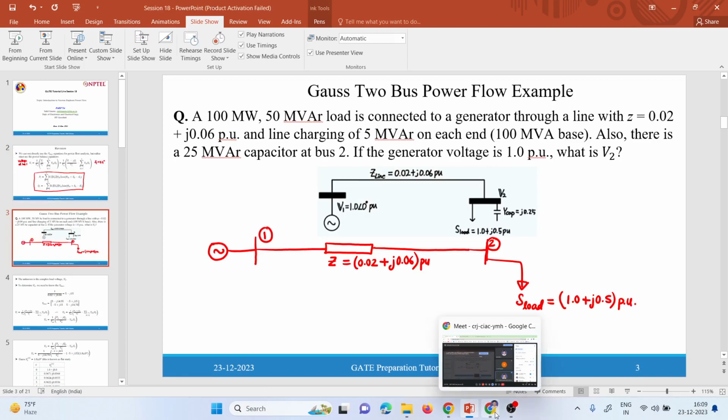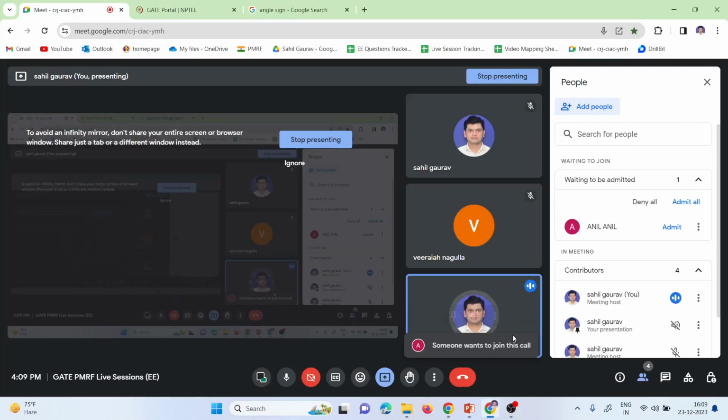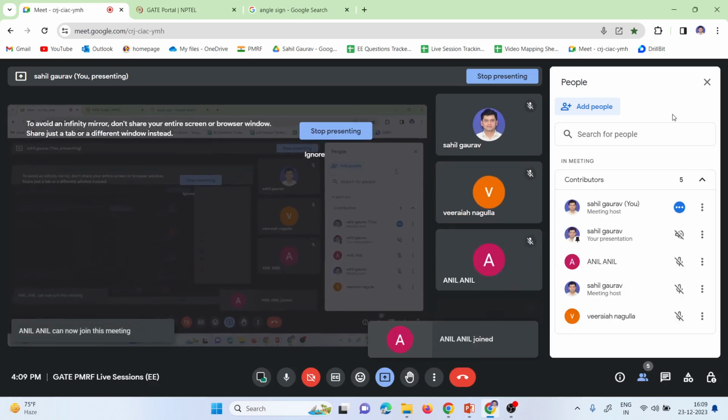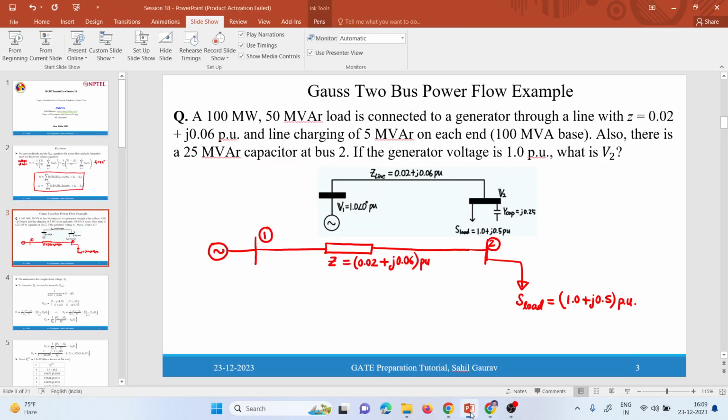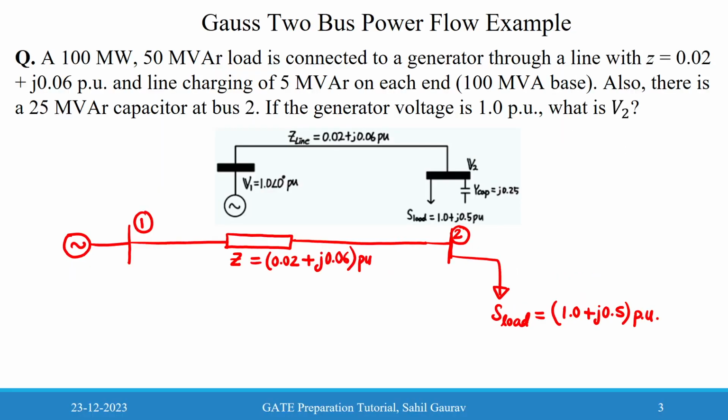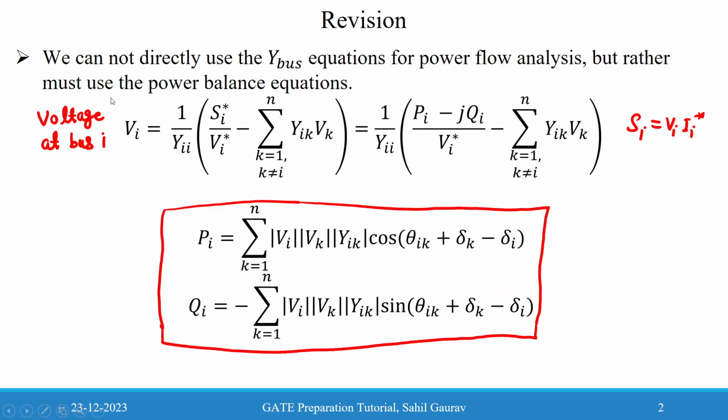So all of you try this question. You have to apply the Gauss iteration method, and I have shown the expression of how you can find the voltage at different buses using the first equation. So you have to apply this first equation.